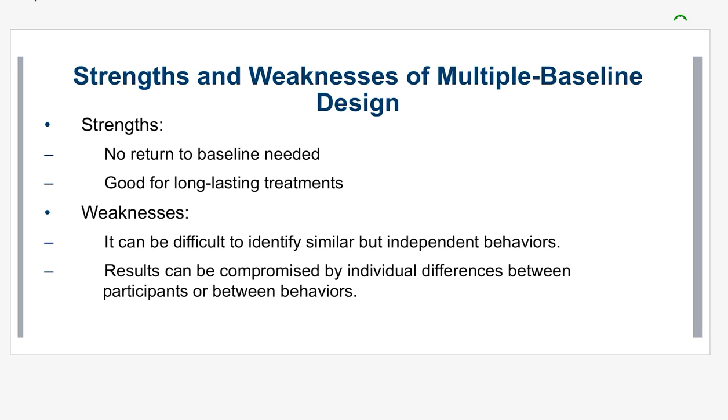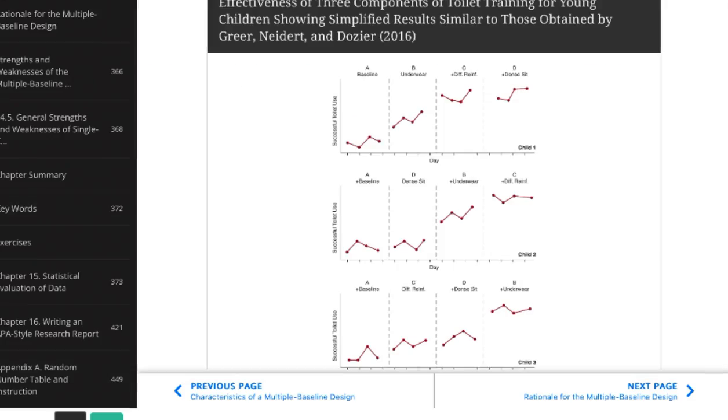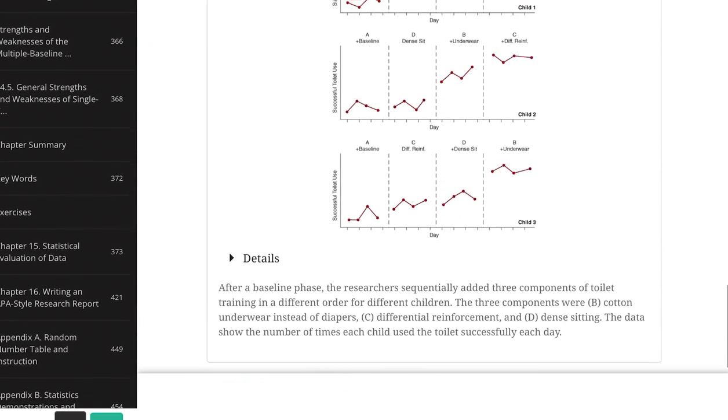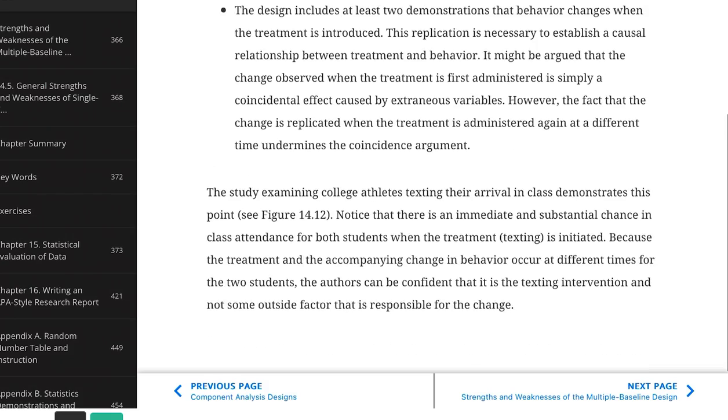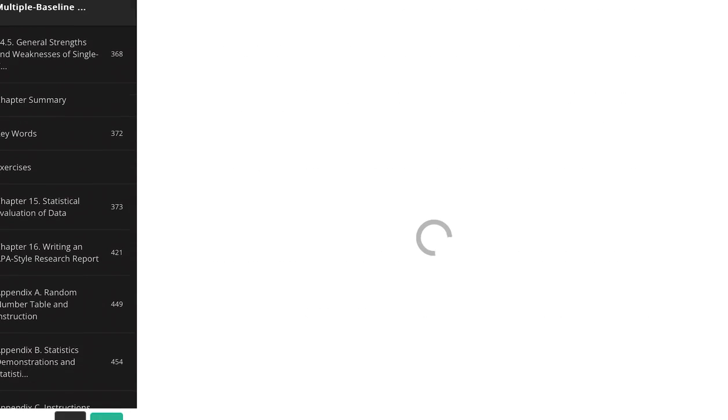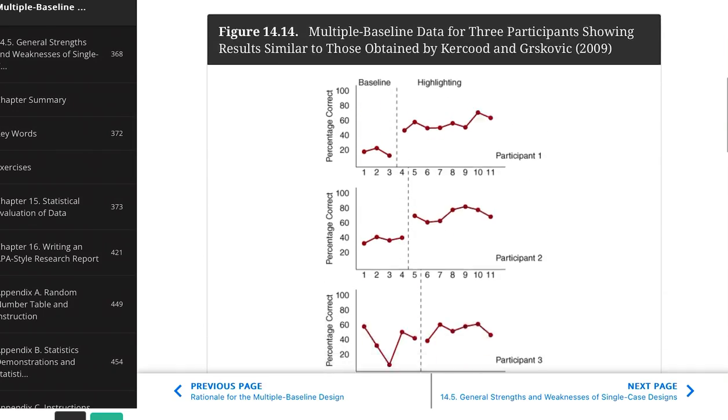It can be very difficult to do that effectively. And then also, results can be compromised by individual differences between participants or between behaviors. And an example of this that your book gives is 14.14.